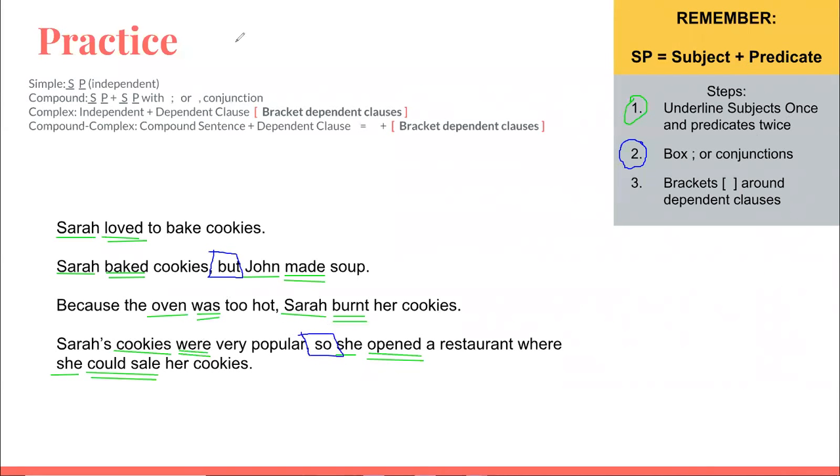So then we want to do brackets. This is step 3. Remember, our brackets have a red flag word. So I'm going to get my list out and look for my subordinating conjunctions.